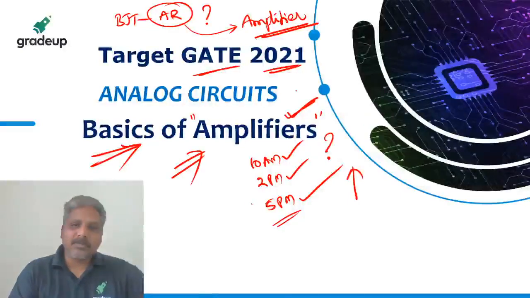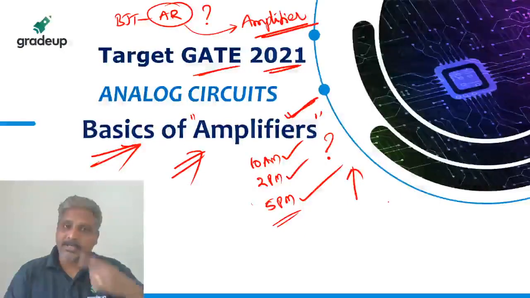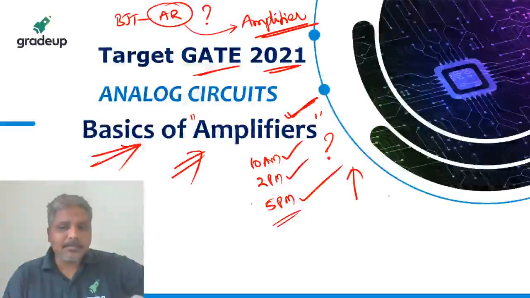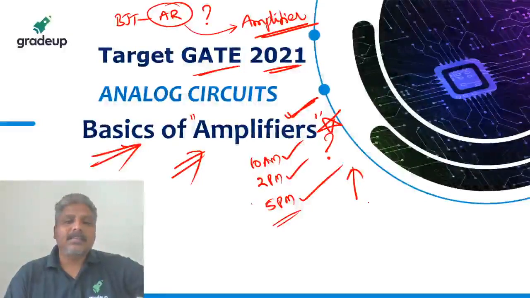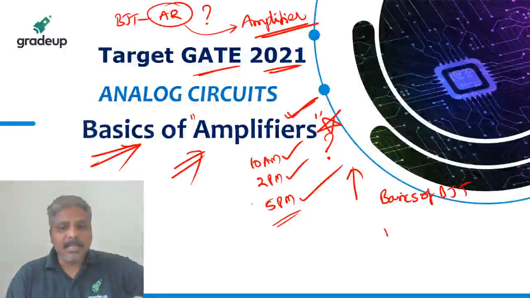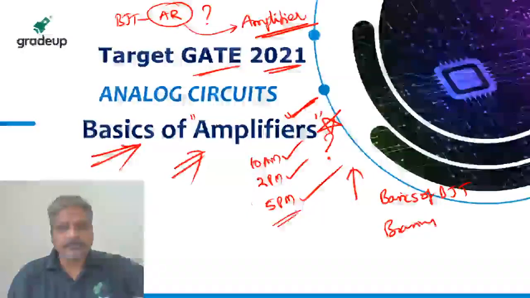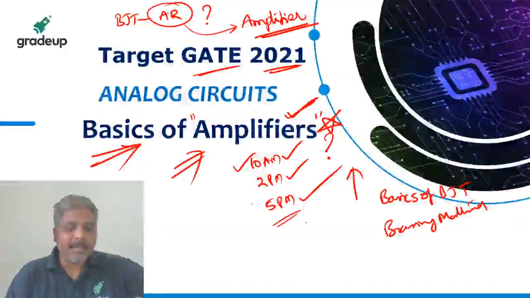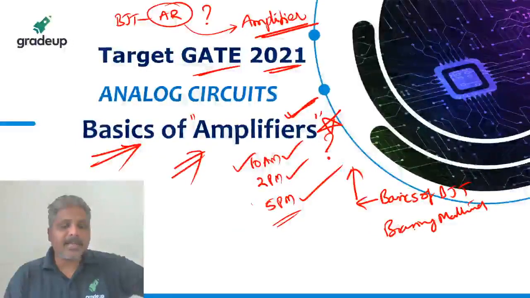Okay, this is what we have done. The students who are watching this lecture first time, please watch the lecture before this. If you want to understand this topic better, first you have to watch the lecture on basics of BJT. Then biasing methods, which I have done today at 10 a.m. This class yesterday I have done.